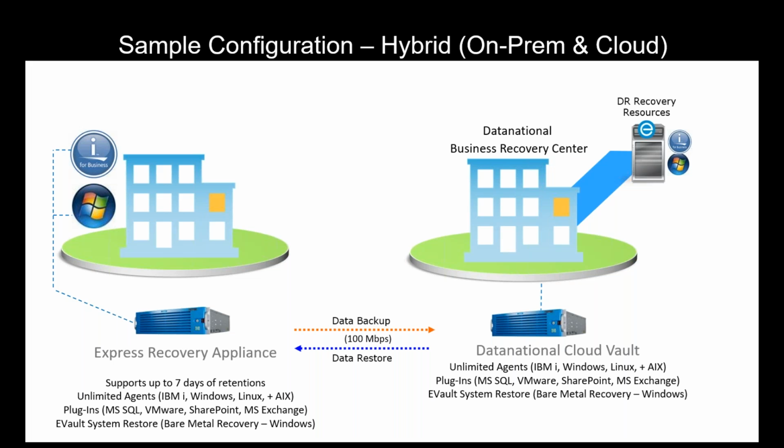This is a sample configuration of what we've done for a client. This is an example of a hybrid. This client has iSeries and Windows, where they back up locally first to what we call an express recovery appliance. It's more of a satellite vault that they back up to locally first and then off-site for DR purposes.